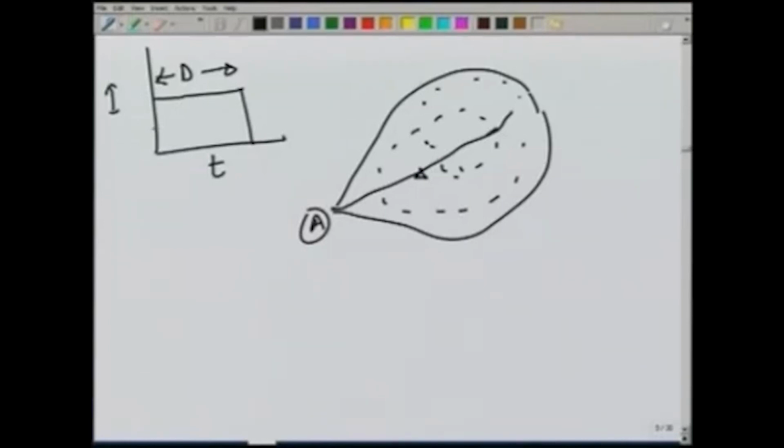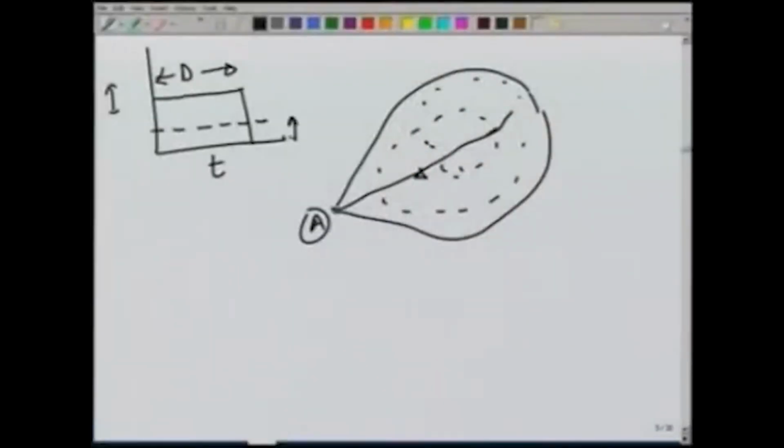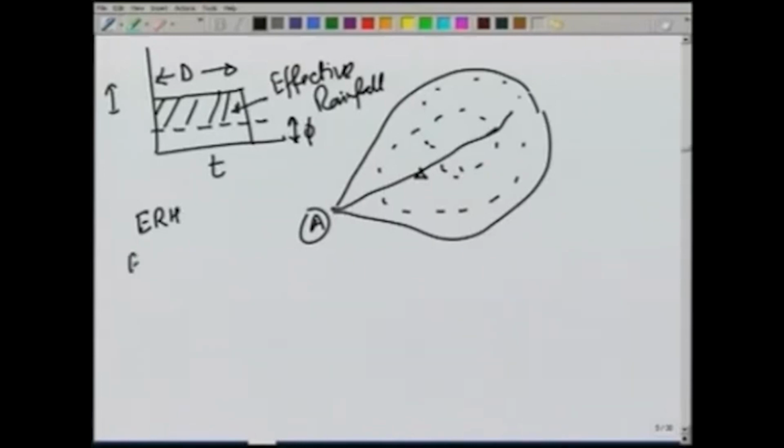So, some part of it will go into satisfying the initial abstraction, and we have already seen this in the chapter on infiltration, that we can define an infiltration index phi which is taken out of the rain, and then the effective rainfall is reduced. This hydrograph is called ERH, the effective rainfall hydrograph.